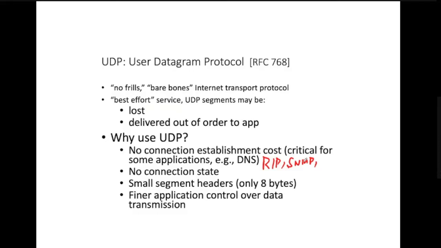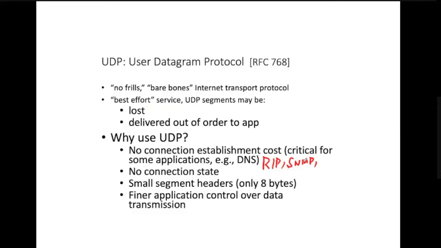Number one, UDP is critical for the performance of some applications because we don't need to establish a connection first. If I take TCP as an example, I have to establish a connection using three-way handshaking.